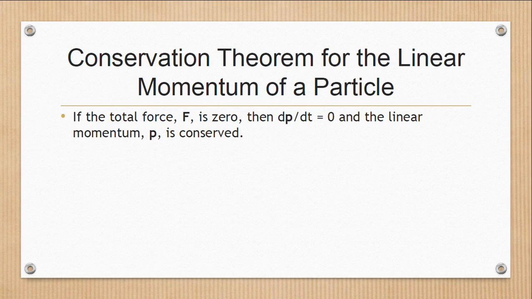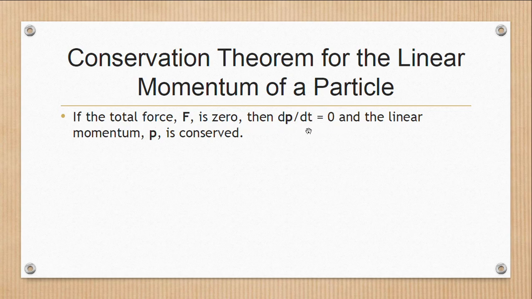Conservation theorem of the linear momentum of a particle. In this video, we will discuss three conservation theorems. The first conservation theorem is for the linear momentum. According to Newton's second law, we know that F is directly proportional to the rate of change of momentum. If the total force is 0, then dp by dt is equal to 0.